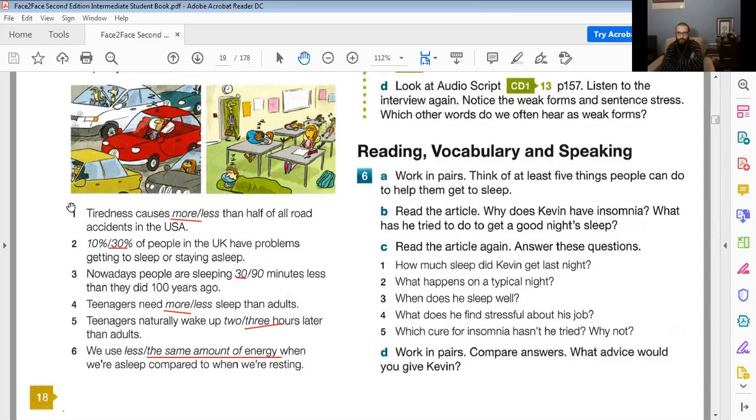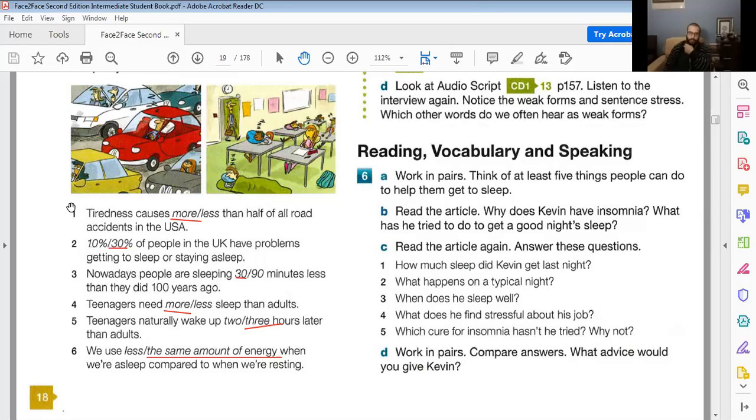Dr. Moore, how much of a problem is this, do you think? Well, we know tiredness can cause accidents. More than 50% of road accidents in the USA are because of people driving when they're tired. That's amazing. Yes, it is, isn't it? And when you think 30% of people in the UK can have problems getting to sleep or staying asleep, and 10% have serious insomnia, that's a lot of accidents waiting to happen.